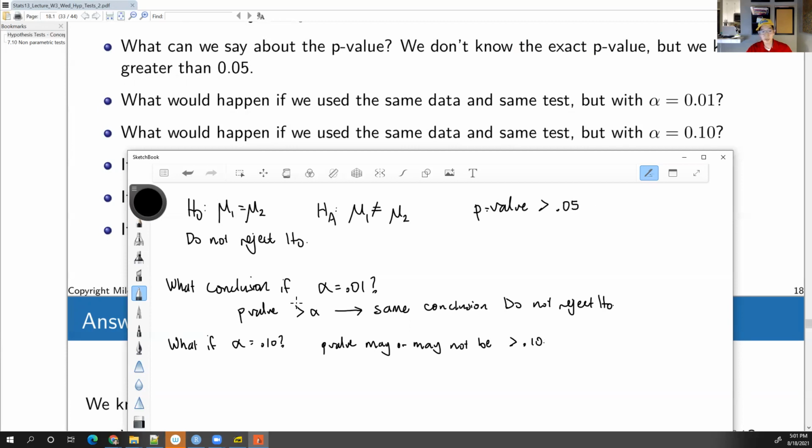It could be 7%, and we would end up rejecting the null hypothesis because the p-value is less than alpha. It could be 15%, and we would not reject the null hypothesis because the p-value is greater than alpha. So we don't know, okay? So the p-value may or may not be greater than 10%, so we don't know the conclusion.